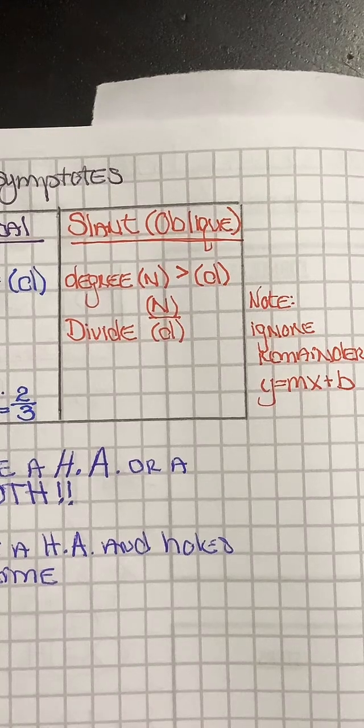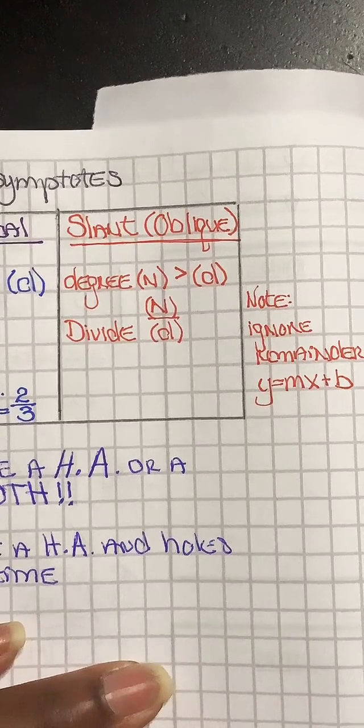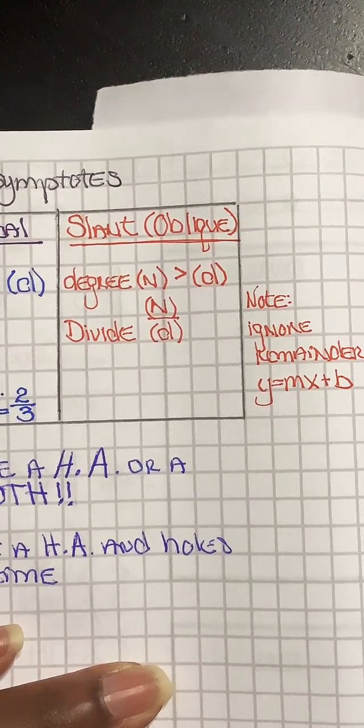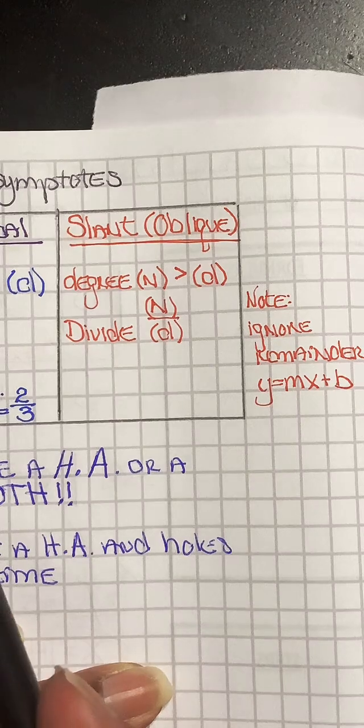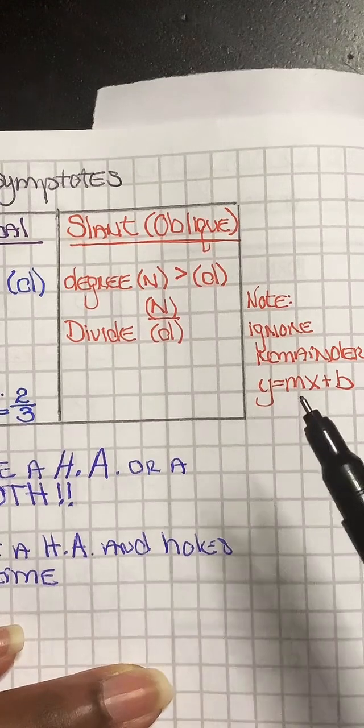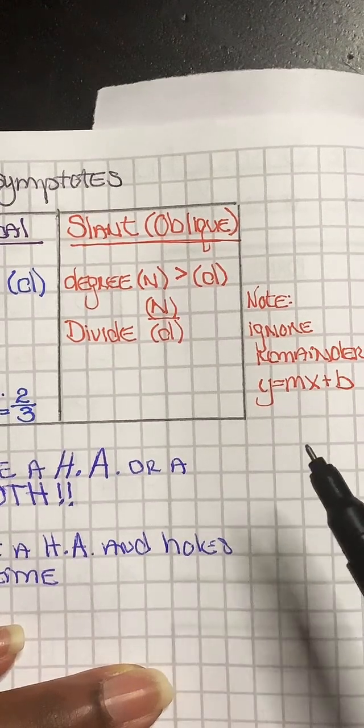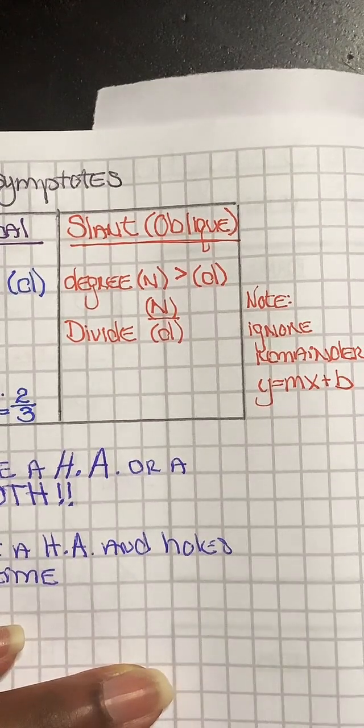All right. So now, the last. So we know vertical asymptotes. We took a look at horizontal asymptotes. But what happens if the degree of the numerator is bigger than the degree of the denominator? We're not going to have a horizontal asymptote.